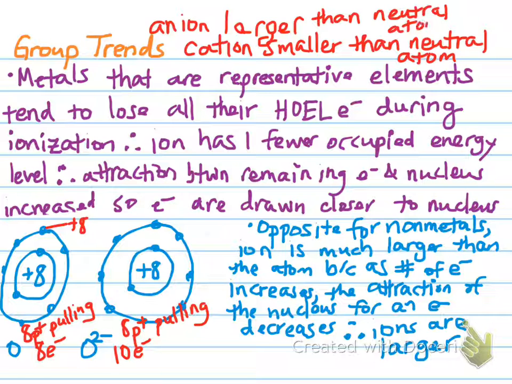Again, that is because we have the same number of protons trying to hold on to more electrons when we form an anion, which means those electrons are held less tightly and they're going to spread out.